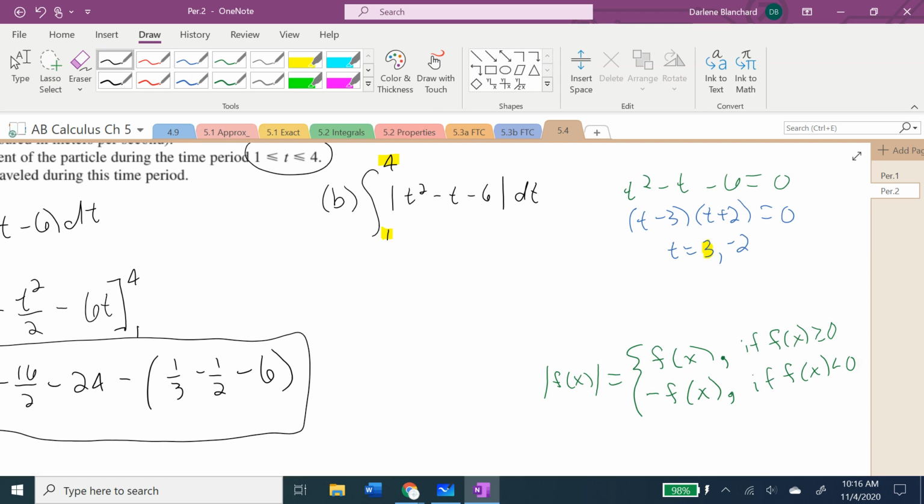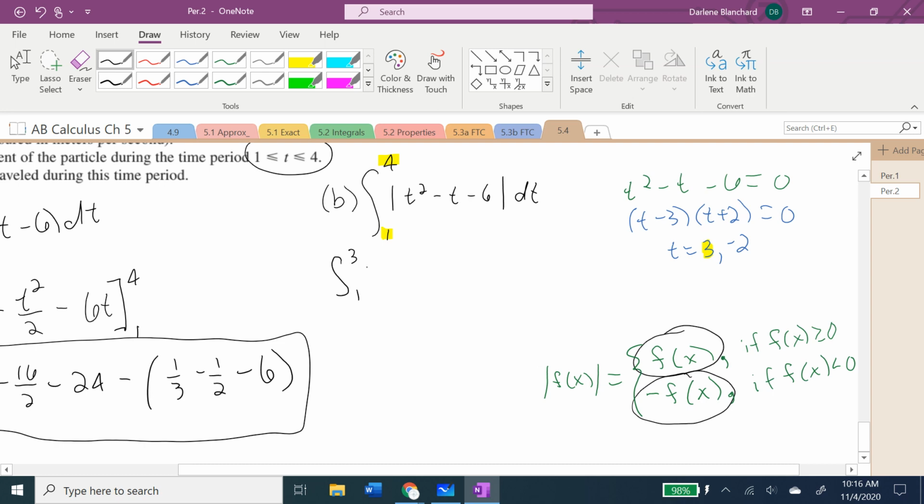So again, if you don't have a calculator, you have to write this as 2 separate integrals. And with each integral, you have to stop and ask yourself if you're working with the function in the absolute values or the opposite sign of the function in the absolute values.